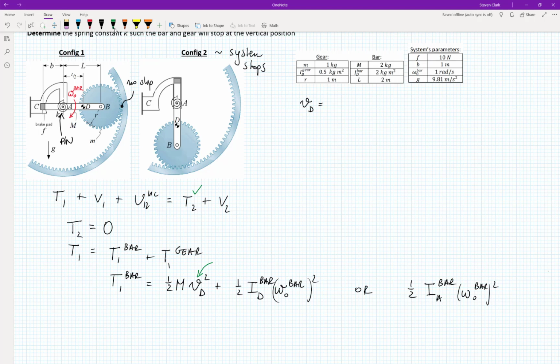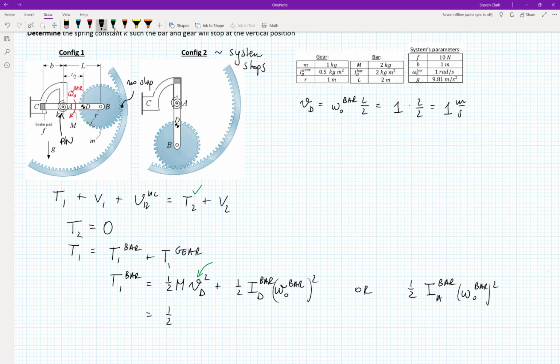Exactly, you're right. It's omega_0 bar times L12. Okay, let's find it. So omega is what? Omega is 1 plus 2 divided by 2. Okay, it will be 1 meter per second. So let's plug in values.